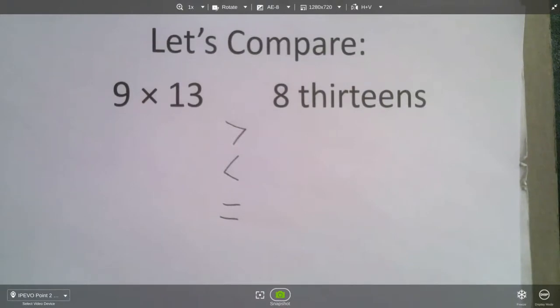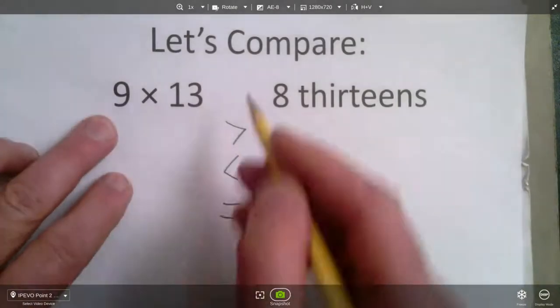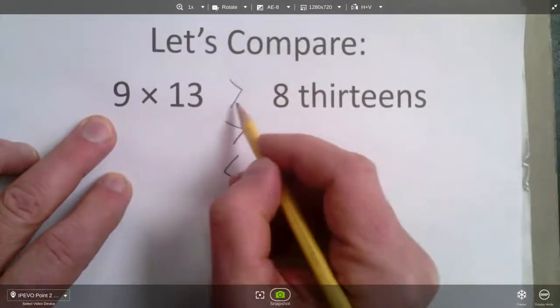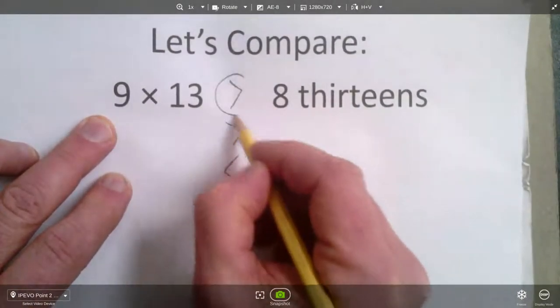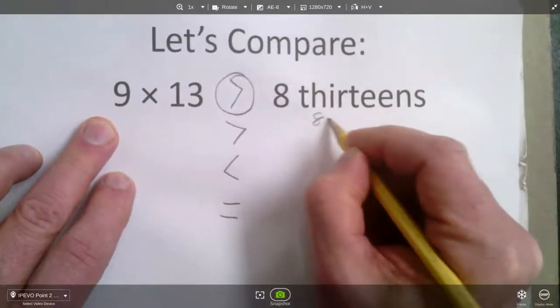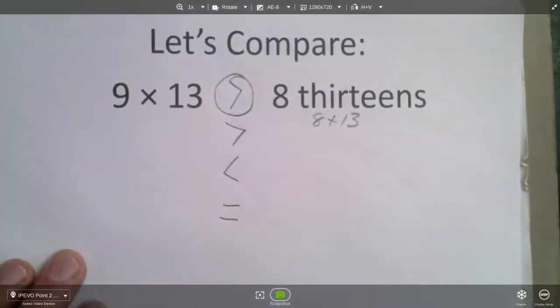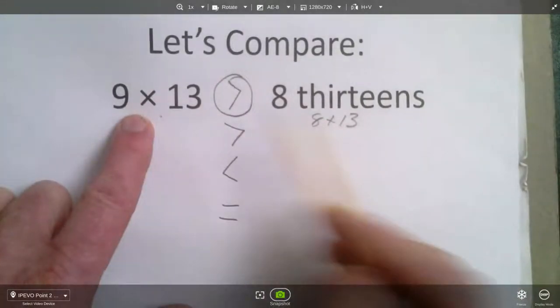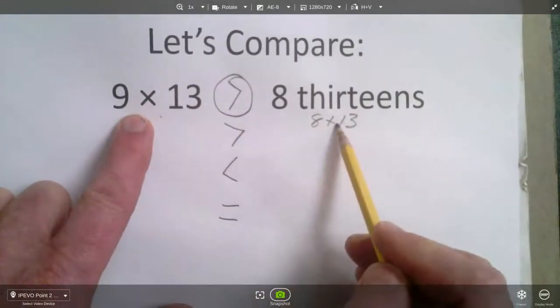And why? Well, 9 13s is greater than 8 13s because this is really 8 times 13. It helps to put them both in the same form to figure that out.